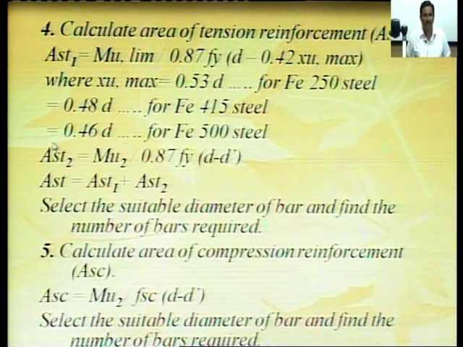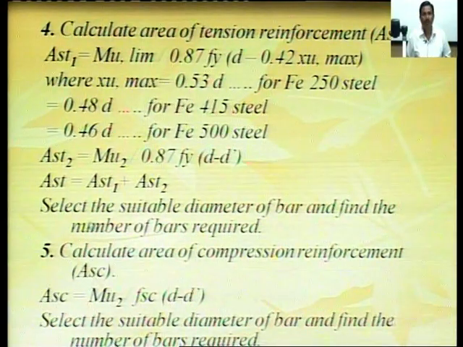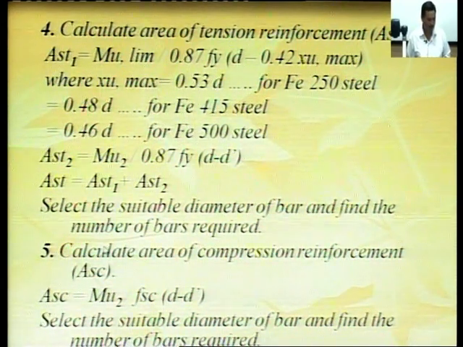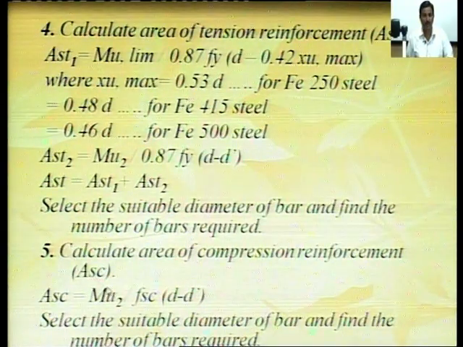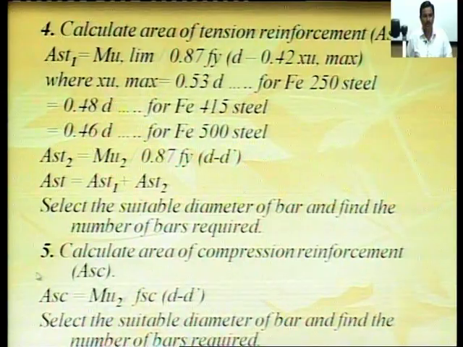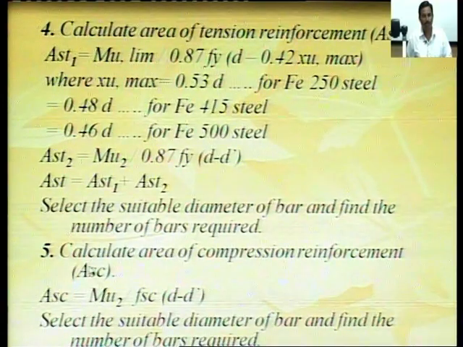Asc is equal to Mu2 divided by Fsc into d minus d dash, where Fsc is the stress in compression steel, d is the effective depth, and d dash is the effective cover for compression steel. From this area of compression steel, we select a suitable diameter of bar and find the number of bars required as compression steel.